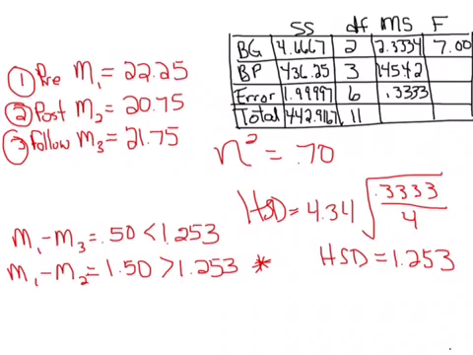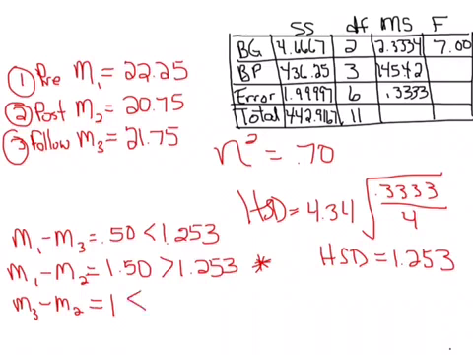Then I'm looking at the difference between group 2 and group 3. So I have group 3 minus group 2, which, when you calculate that out, is 21.75 minus 20.75, which equals 1.